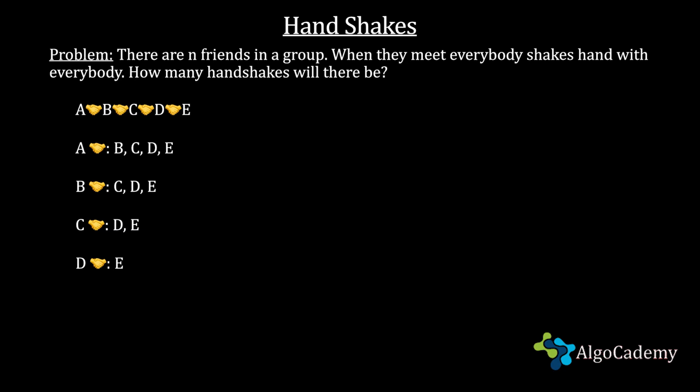Finally, E shook hands with all the other friends in the past, so he will not shake any hands anymore. If we add this together, we have 4 plus 3 plus 2 plus 1, which is a total of 10 handshakes. Do you notice any pattern? For n equals 4, we had 3 plus 2 plus 1 handshakes, and for n equals 5, we have 4 plus 3 plus 2 plus 1 handshakes.